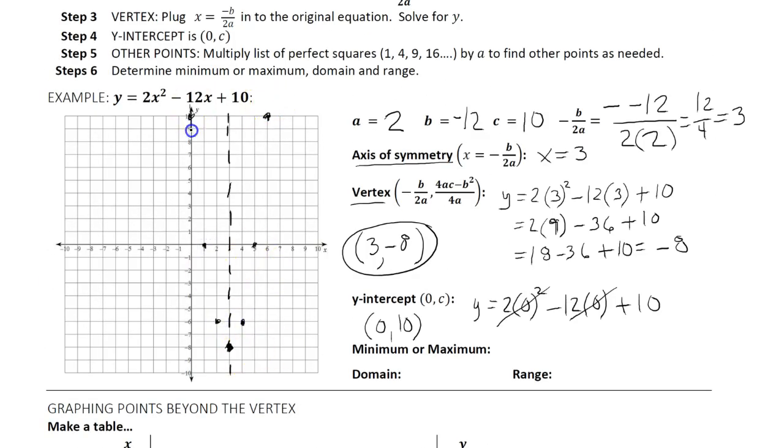Notice that there's a pattern to the points that we have graphed. The distance 1 away from the vertex, we go up 2 times 1 squared. For the distance 2 away from the vertex, we go up 2 times 2 squared. The 2 comes from the a value.